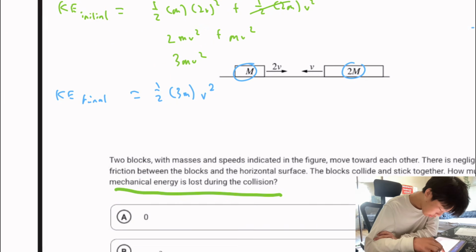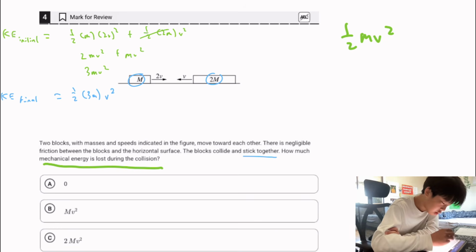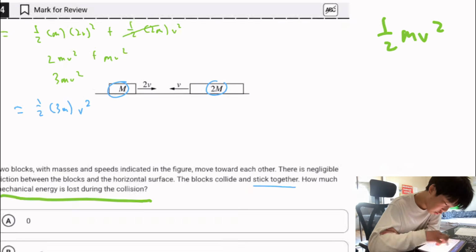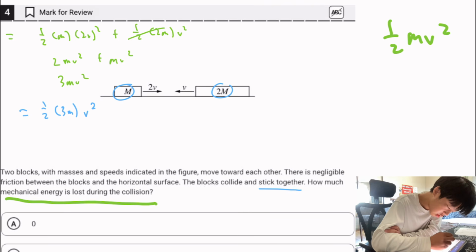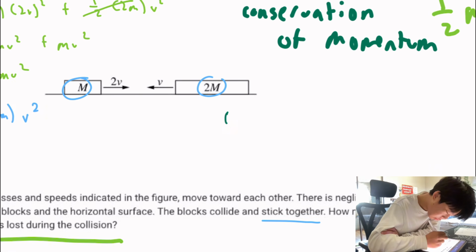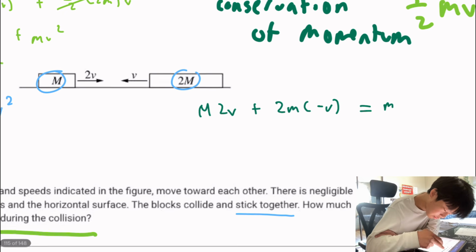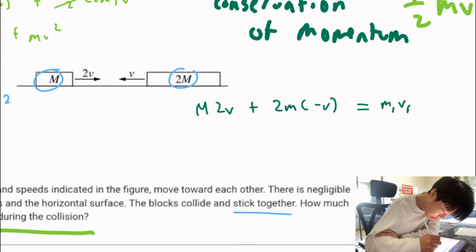What is the v? We can use another equation, which is conservation of momentum. So it's going to be m1, which is m, times v1, which is 2v, plus 2m times negative v, because it's the opposite direction, is equal to m1 plus m2 times v final.